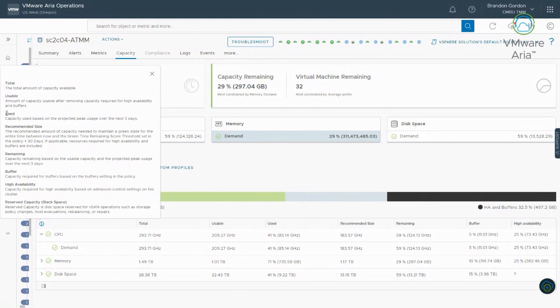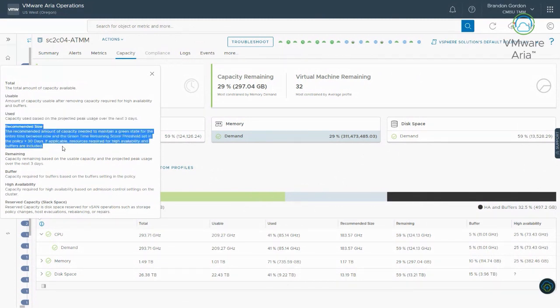And I think it's really important to understand that used and remaining both are based on that 3-day projection. I know it can be confusing if you're going to look at free space and then you compare free space to capacity remaining and see they're different. The difference is because one's based on projection and the other one is looking at right now. So hopefully that makes sense. Not getting too technical for you there.